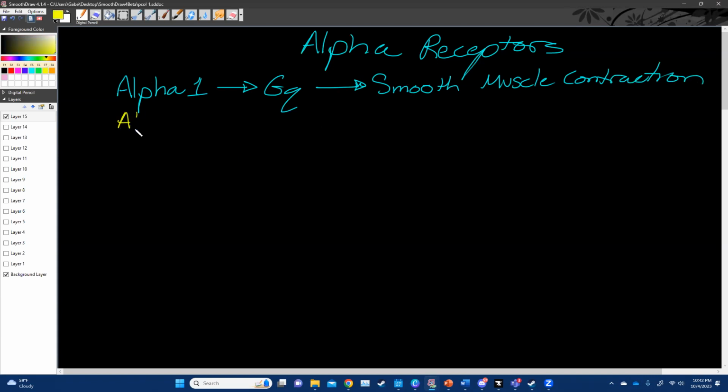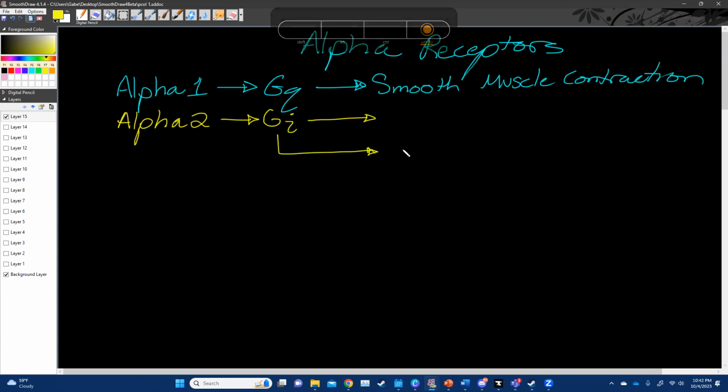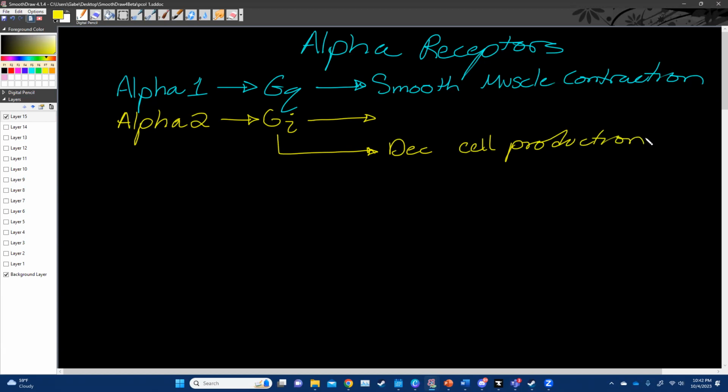Alternatively, for alpha 2, this is GI. And what we see with GI is two different effects. The first effect is that we decrease cell production. So whatever product that cell is making, activating alpha 2 is going to lead to less of that product.